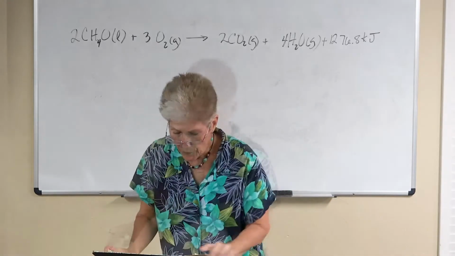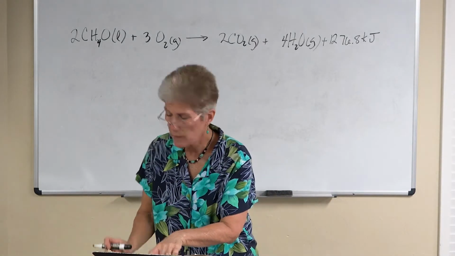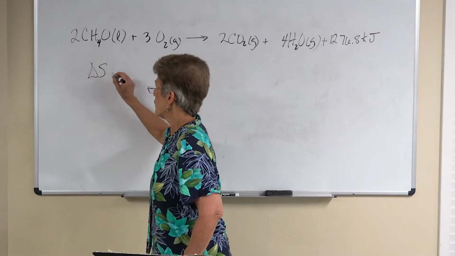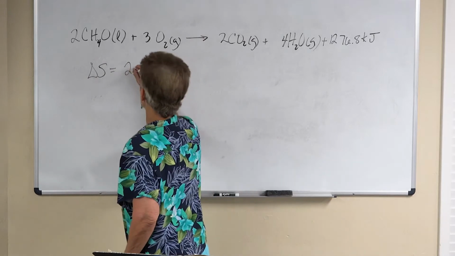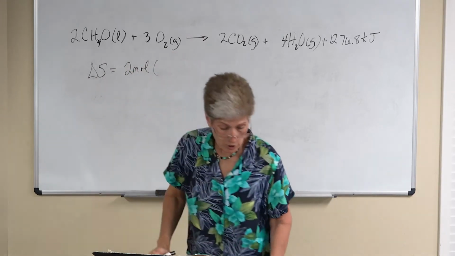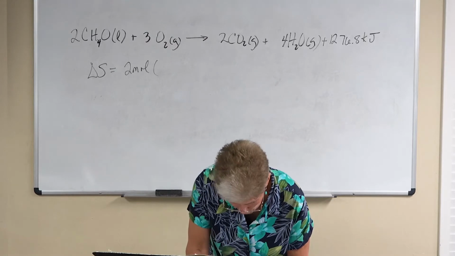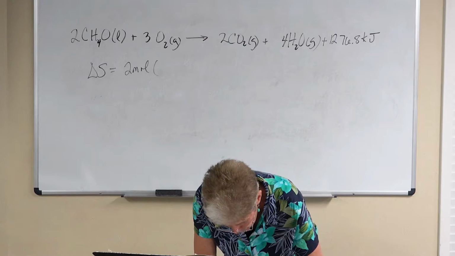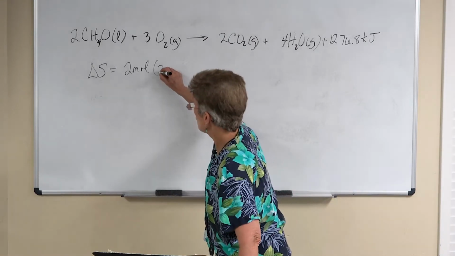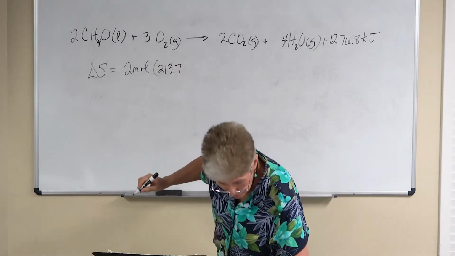On this one, we're going to use the chart on page 437, the bottom of 437, using the combustion. So we are doing delta S, and that is going to be the summation of the products, 2 moles, and then we're going to look on the chart for carbon dioxide gas, CO2 gas, and it's 213.7.